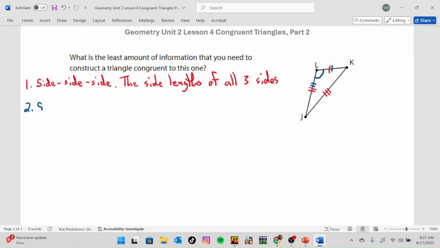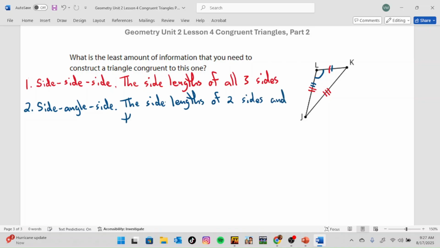And that is what we call side, angle, side, where we know the side lengths of two sides and the angle between them.